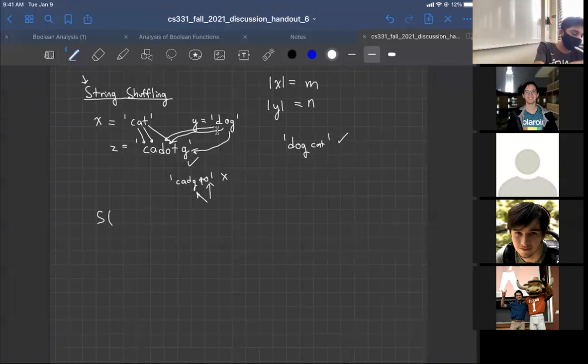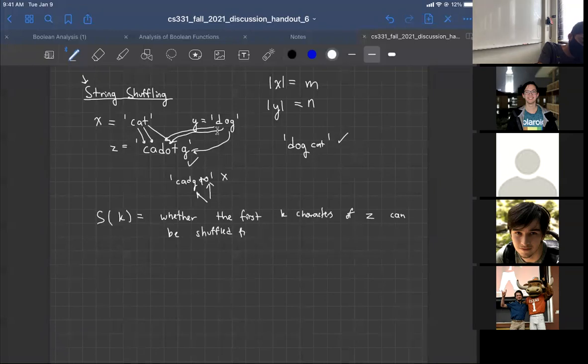So let's say S of K is equal to whether the first K characters of Z can be shuffled from X and Y. So S of 3, for example, would be either the first 3 characters of Z come from the first 3 characters of X and no characters from Y, or the first 2 characters of X and the first character of Y, or 1 character from X and the first 2 characters of Y, or no characters from X and the first 3 characters from Y. So that's what S of 3 would be.